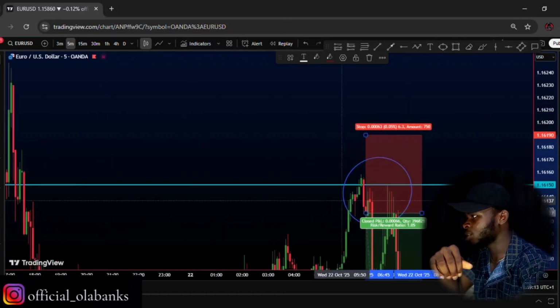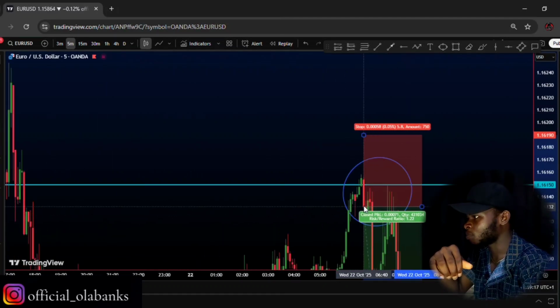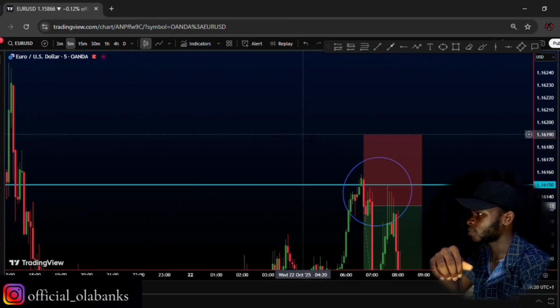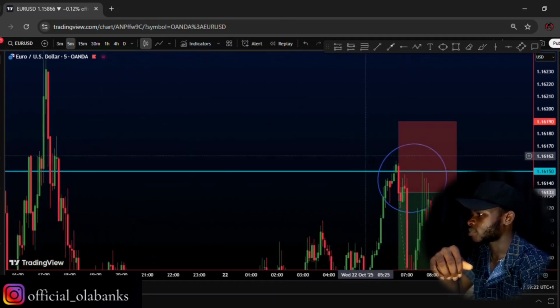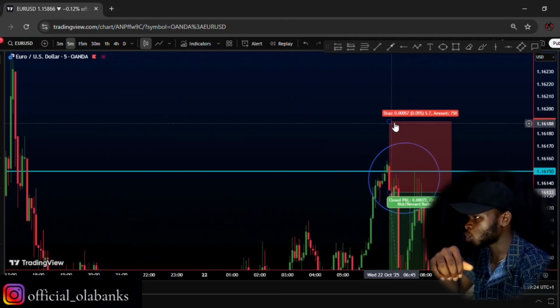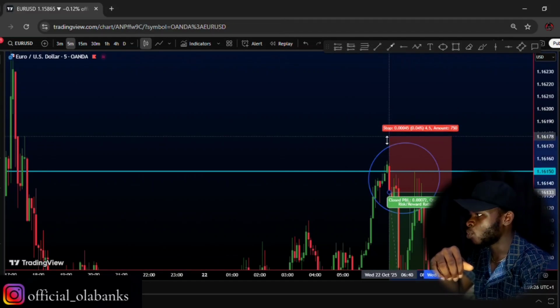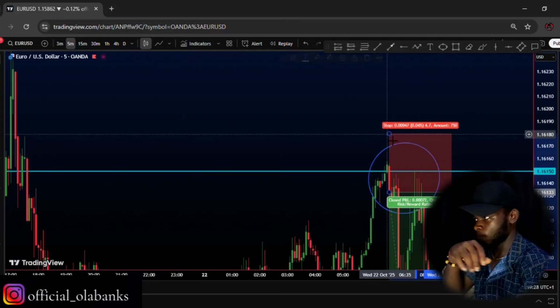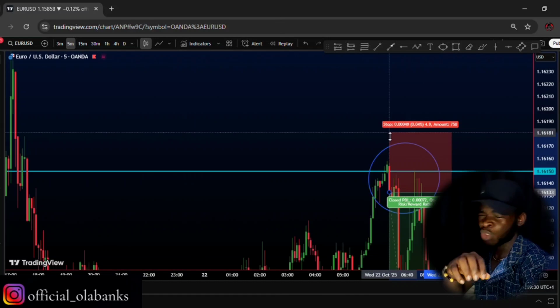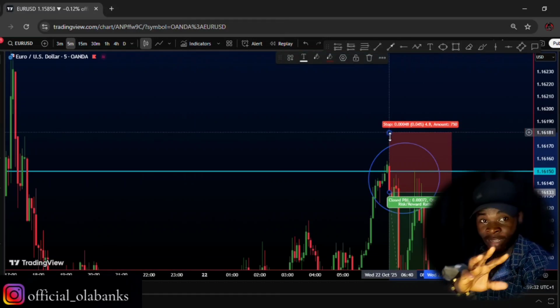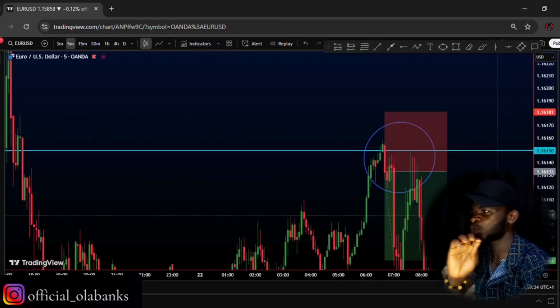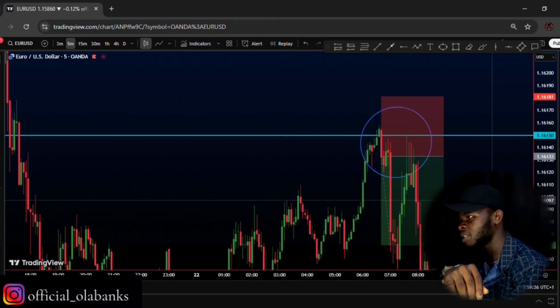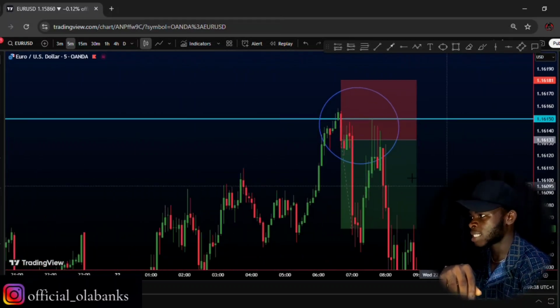My main entry is supposed to be around this place. I think this place, right? Around this place. And my stop loss was just slightly above this place, about just 5 pips. 5 pips, you feel me? It was not wide at all. Very, very simple. Now that's how I got my entry.